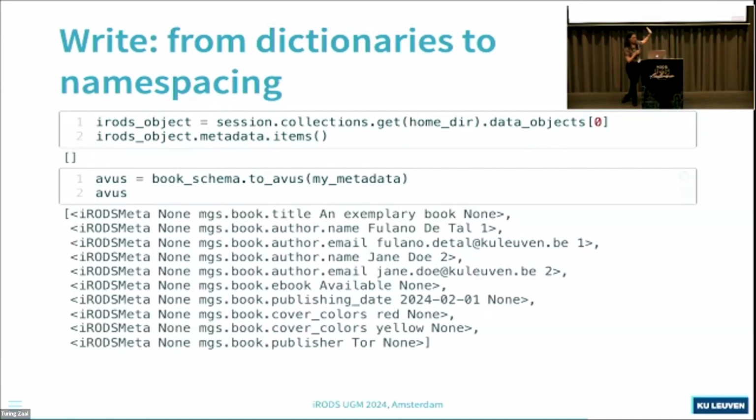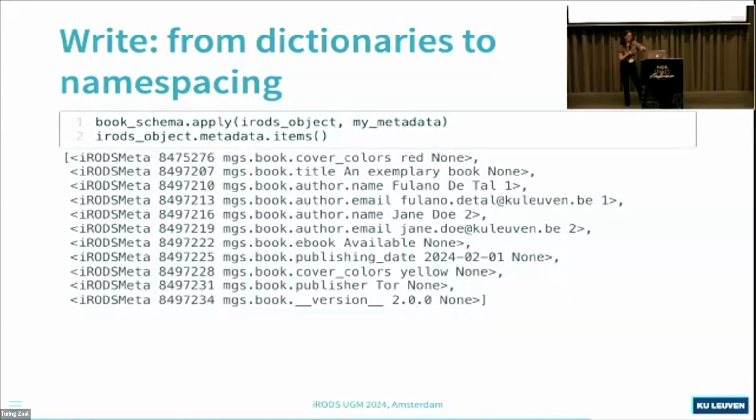Then you have the name of your schema. And if you have composite fields in any nested level, it adds periods. It has a string, obviously, for all the values. And when you have composite fields, you have numbers to keep them together in the units, so that you know what belongs with which. And if you just use apply, then those metadata get added to your object.